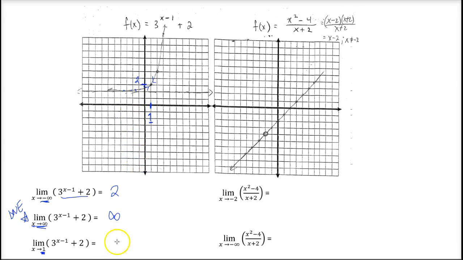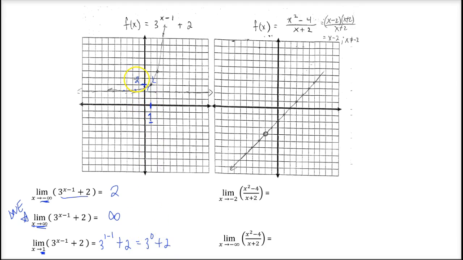This makes sense because 1 is in the domain of this function, and this function is continuous, meaning we don't have any breaks, holes, gaps, or jumps in it. We could literally just plug in the 1 here, and 3 raised to the 1 minus 1 is the same as 3 raised to the 0.